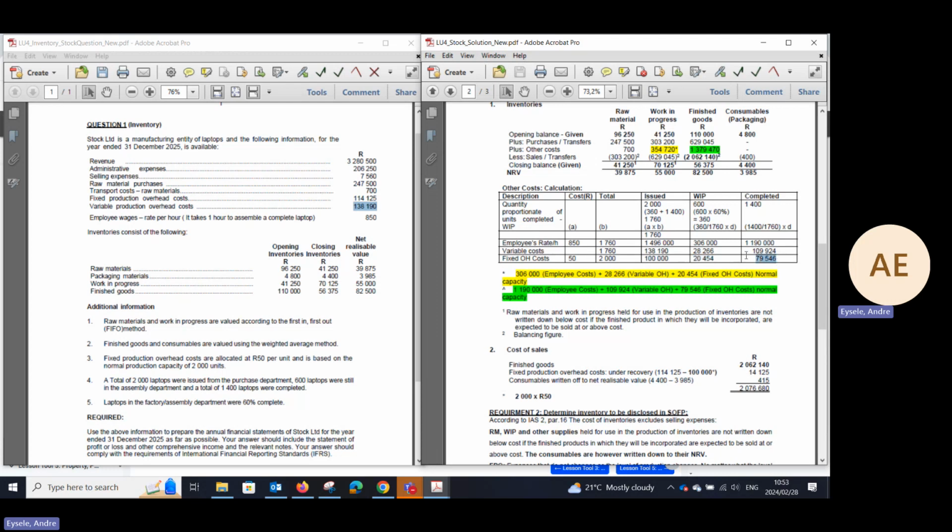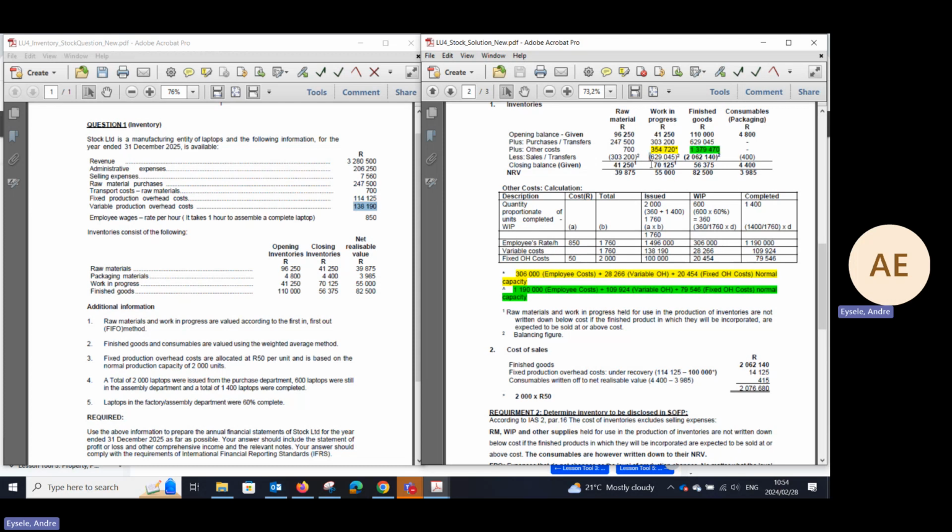And therefore, colleagues, the yellow items consist of your employee cost of 306,600, 28,666, and 25,554 for your normal capacity. That is for work in progress. The same appears for finished goods.